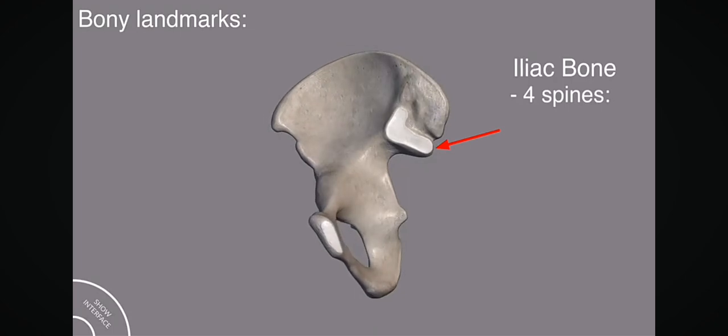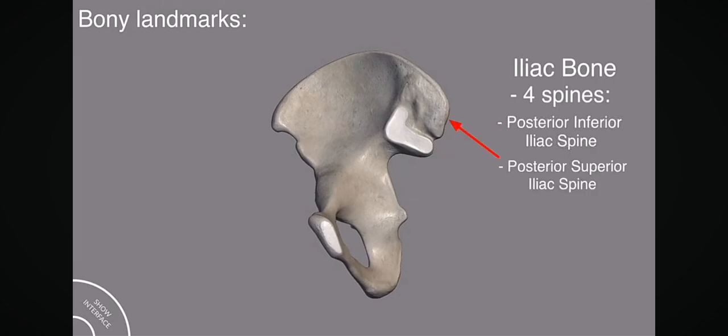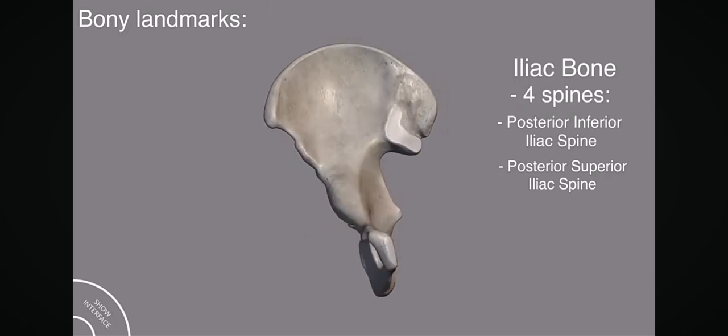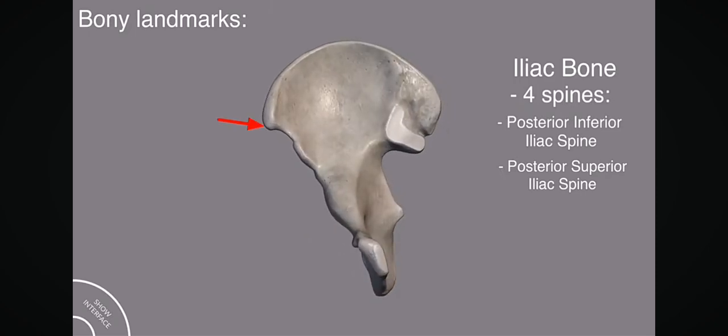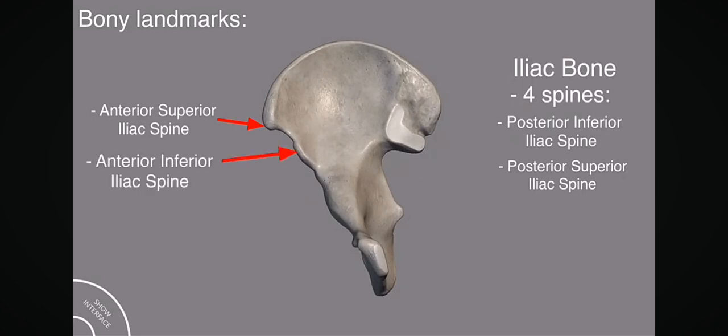This is called the posterior inferior iliac spine, and above this is the posterior superior iliac spine. On the anterior side, this one is the anterior superior iliac spine, and this is the anterior inferior iliac spine.